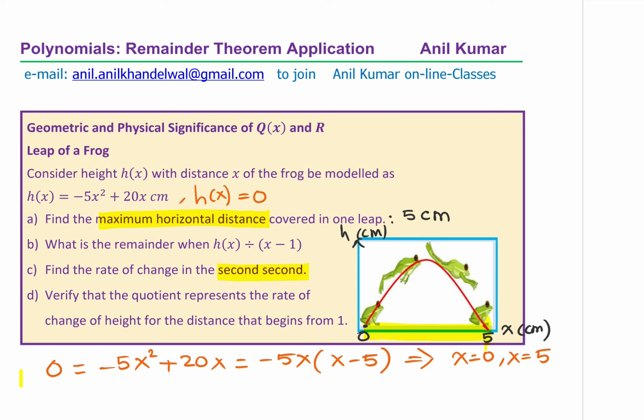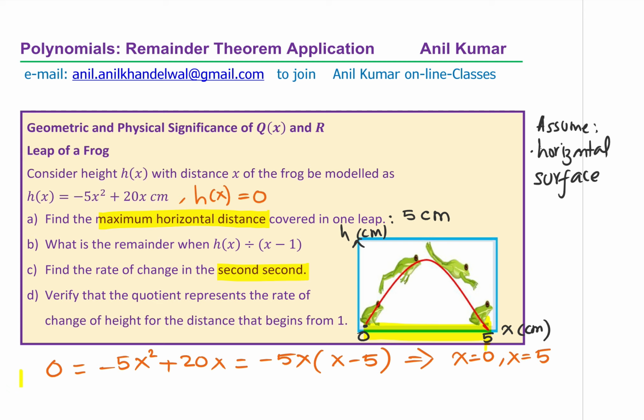So we get the two values where the frog is on the ground. So it leaps and then lands on the ground. We'll assume that it is a horizontal ground, right? So assumption, horizontal surface.